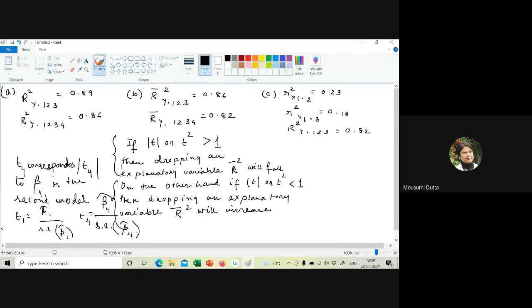So we do not have information on those partial correlations, and for that matter it will be difficult to come to any conclusion whether an error has been committed or not.